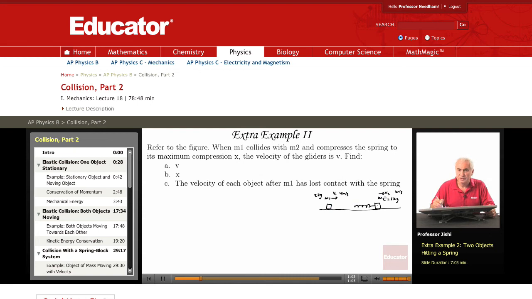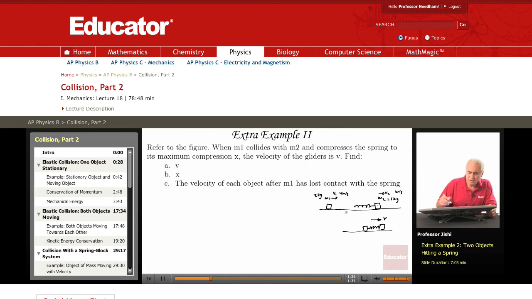This is moving faster than this one, so it will catch up with it, they will collide, and then the spring will be compressed. The maximum compression is X. Now, when the spring has maximum compression, the two objects are moving together with velocity v. So find v.